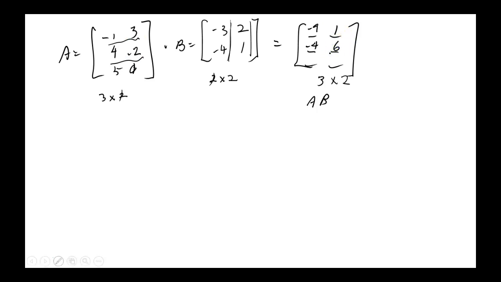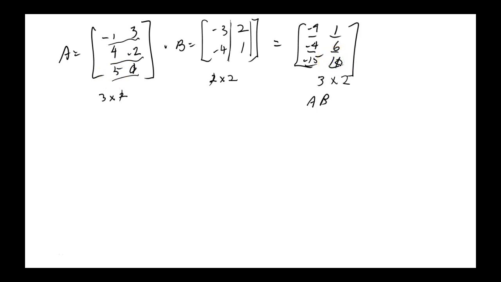The 3, 1 entry here will be third row of A multiplied and added to the first column of B. -15 plus 0 would be -15. Your 3, 2 entry here will be third row of A, second column of B, and that would be 10.